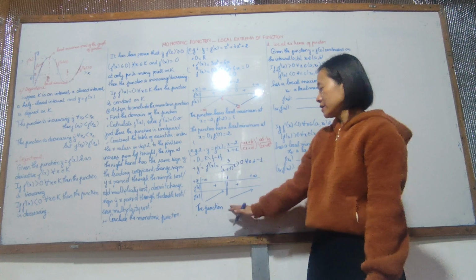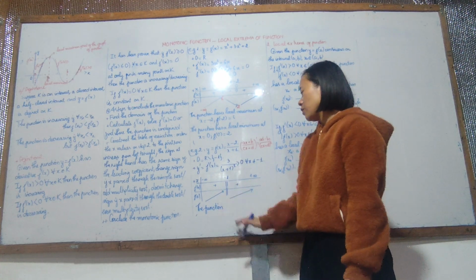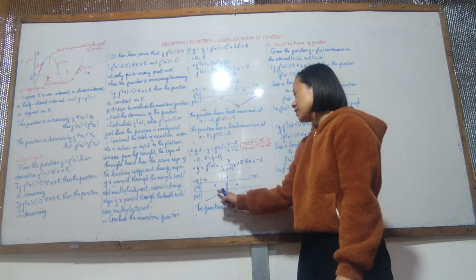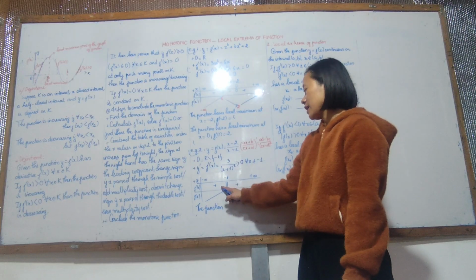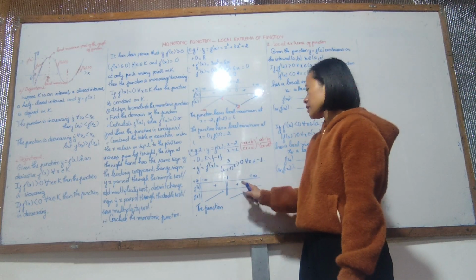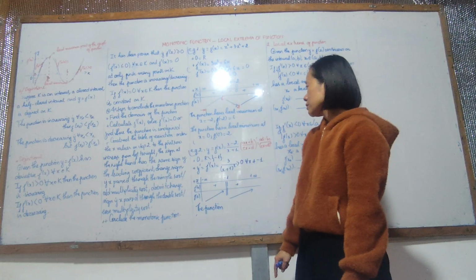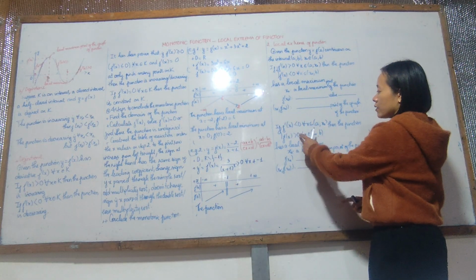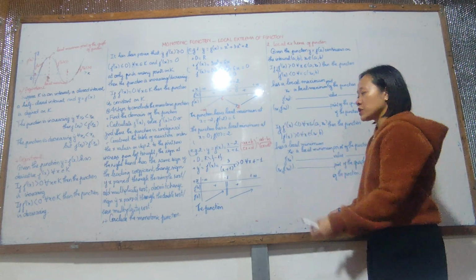But in this example, we can see that the derivative doesn't change the sign. This one is positive and this one is positive too. So we can look at this. It doesn't change sign.